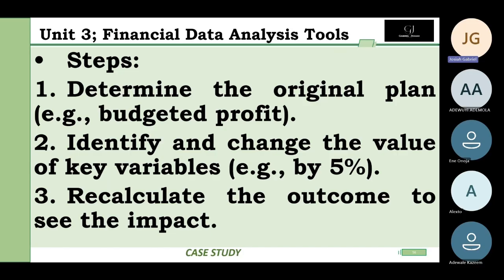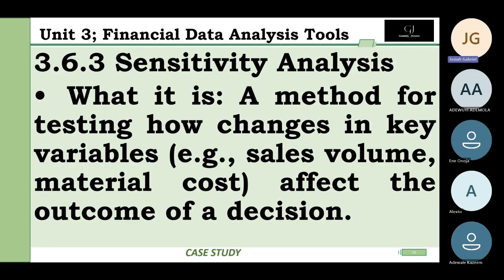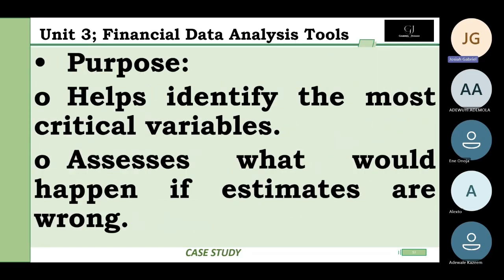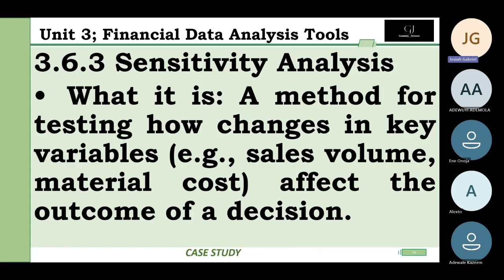So when you do the recalculation, and that's what most businesses do, we do incremental budgeting. If this year we did a particular amount of revenue, next year we look at it, okay, let's do 10% more to spur us to work harder. So you recalculate the outcome to see the impact or the effect. So these are the 3 cardinal steps on sensitivity analysis.